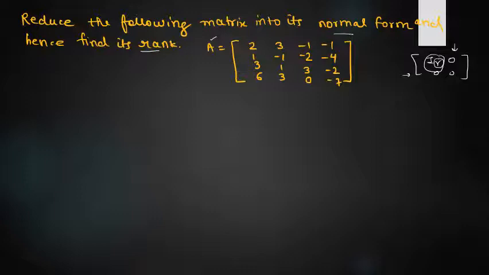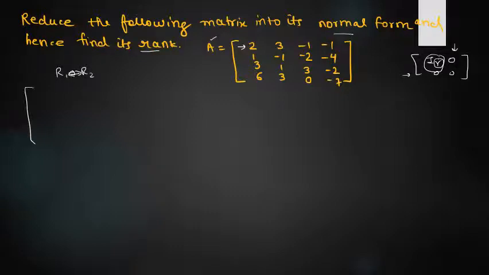First of all, either use elementary row transformation or column transformation or a mix of them, but make them identity elements. So in order to make this one, can we interchange R1 with R2, right?